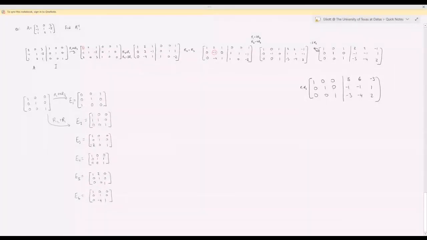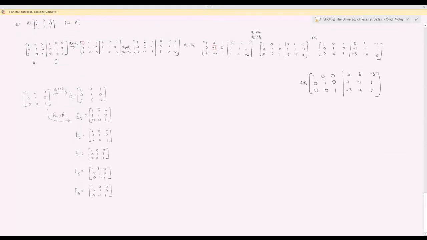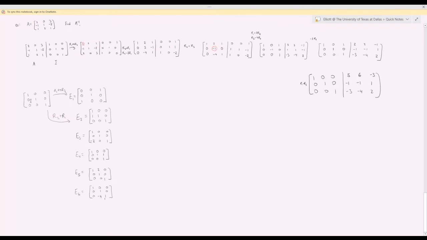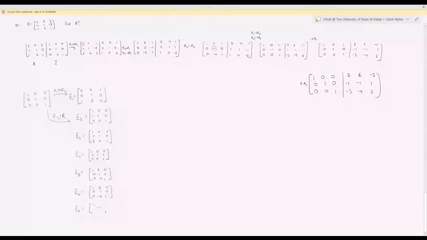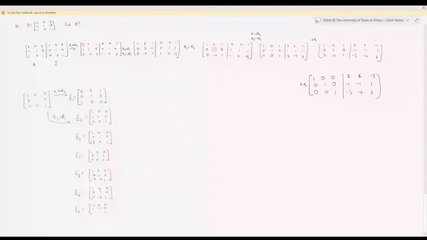Here we did row 2 times -1. So we've just multiplied row 2 of the identity by -1. It's going to give you the 1, -1, 1 on the diagonal.